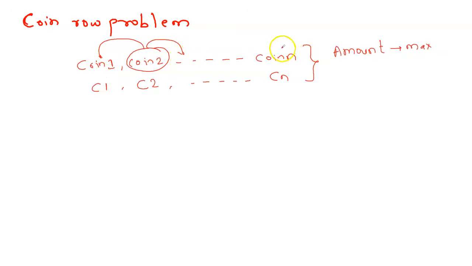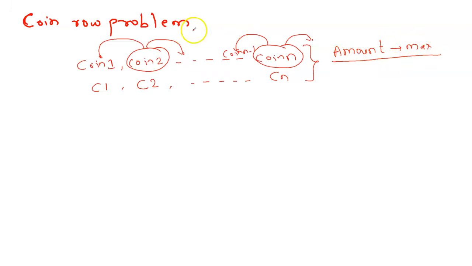For example, if we have picked a coin n, that means we should not pick coin n minus 1, because there is no adjacent coin on the right side of coin n, since that's the last coin. After that we have to get the maximum amount from this.